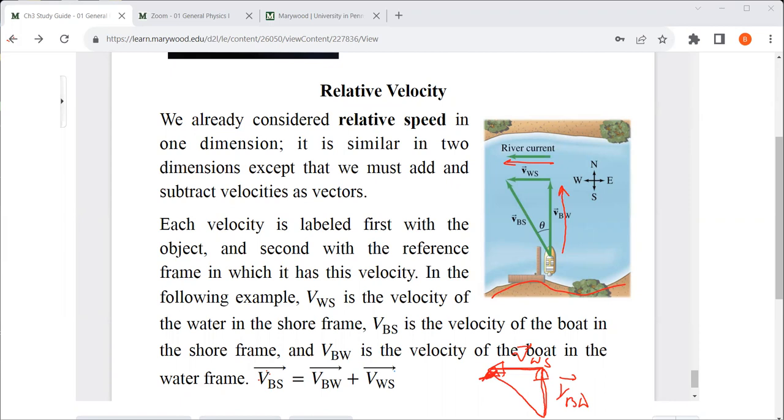So this will be the resultant, tail to tip. And solving this problem is very easy because these two are perpendicular. If you know this and this, then you can determine this by just using the Pythagorean theorem. So we'll see some problems in the problem solving lecture.